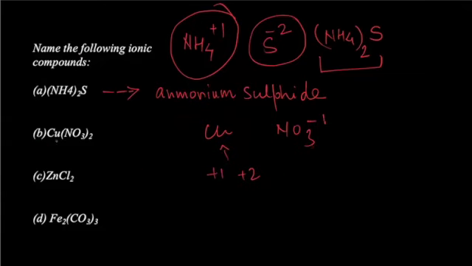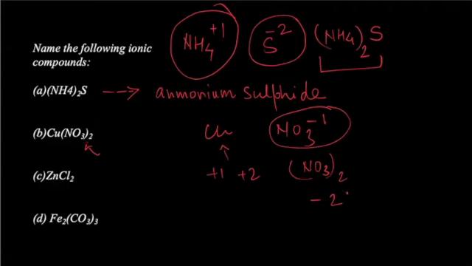Okay. Now, in this formula, we are getting 2 of the NO3s, right? So net that is going to become how much? -2, no? 1 NO3 becomes -1. There are 2 NO3s here, which means this is -2, right? So the copper, to make it 0, has to be copper 2 here. Yes or no? Copper 1 cannot make it 0, correct? We have to have that copper 2 over there, right?